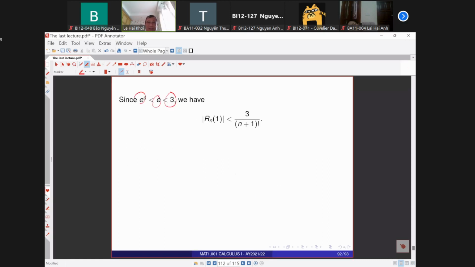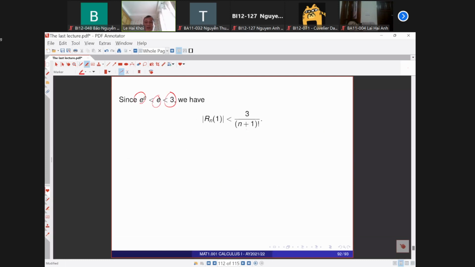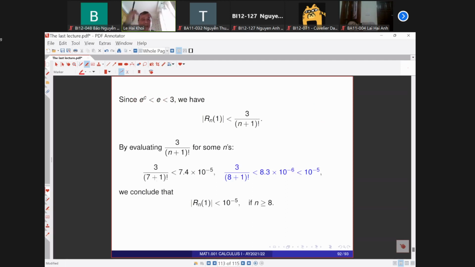You replace this by 3. You have Rn(1) less than 3 over (n+1) factorial. Và có được cái này rồi thì các em làm cái chuyện này nó sẽ dễ hơn rất nhiều, là tìm được n, đúng không? So this one, now we evaluate for some n.